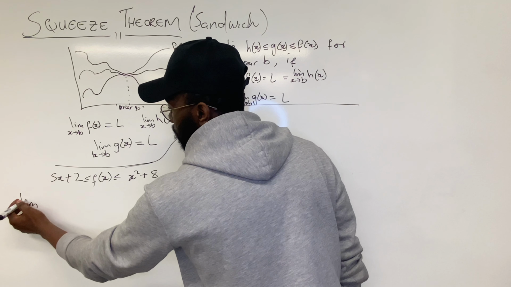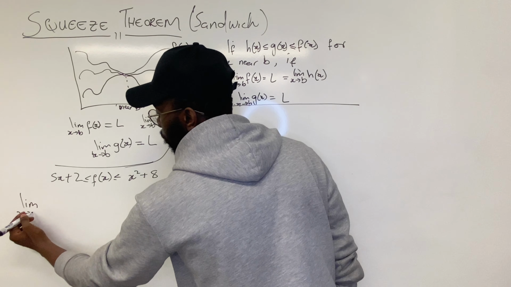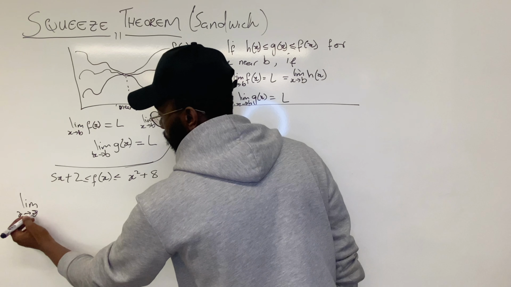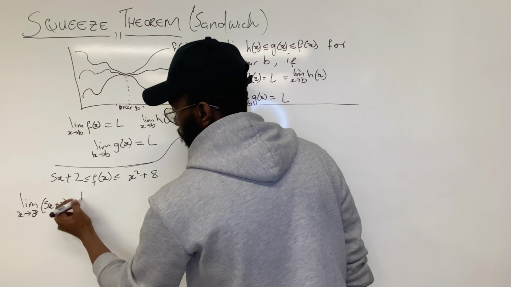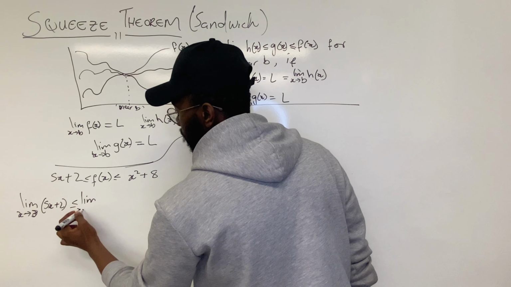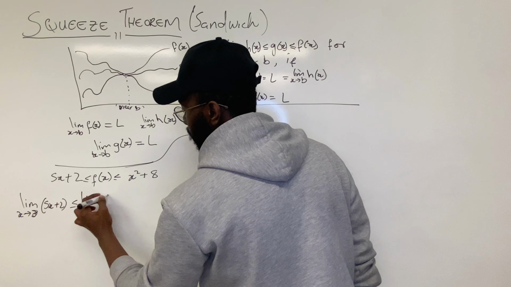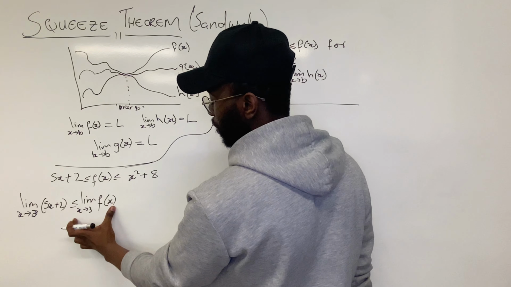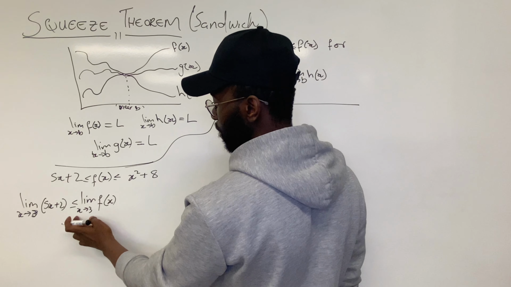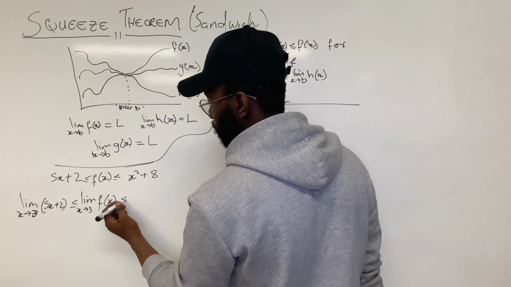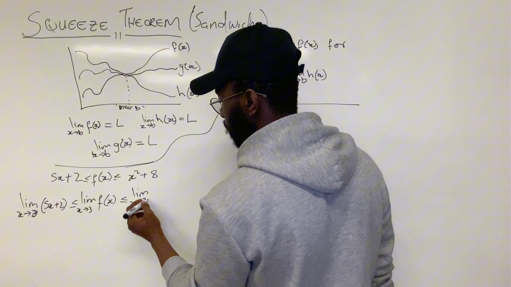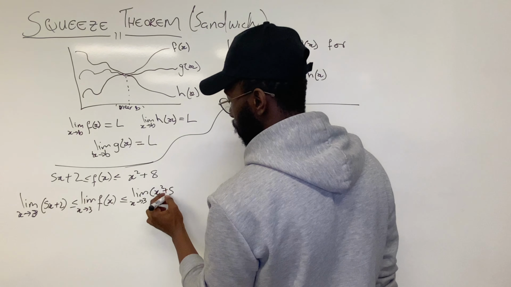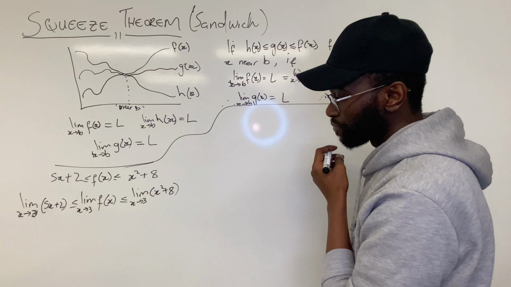Now, the limit as x approaches 3 of 5x plus 2, also the limit as x approaches 3 of f at x. This is what we want to find, the limit of f at x as x approaches 3. Also, we'll take the limit as x approaches 3 of x squared plus 8.